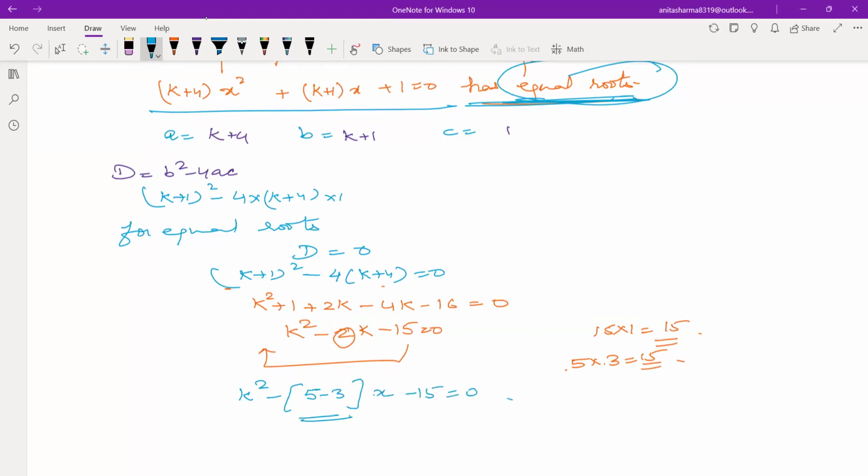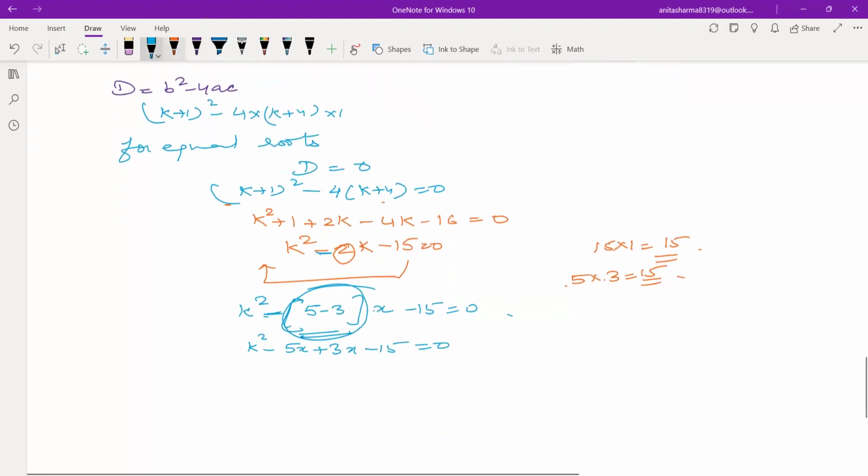See, beta, if you will write your factors within the bracket, then only you will get the right thing. Because here minus 2 is written, so before the bracket there is a sign minus. Else you will be confused. So now open the bracket. k square minus 5k plus 3k minus 15 is equal to 0. Now take k common. Sorry, instead of k I have written x.